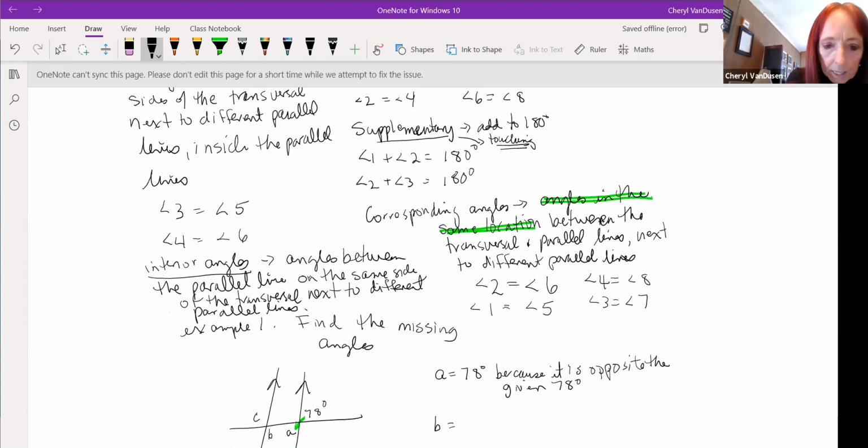And these ones add to 180. Angles between parallel lines on the same side of the transversal next to different parallel lines.